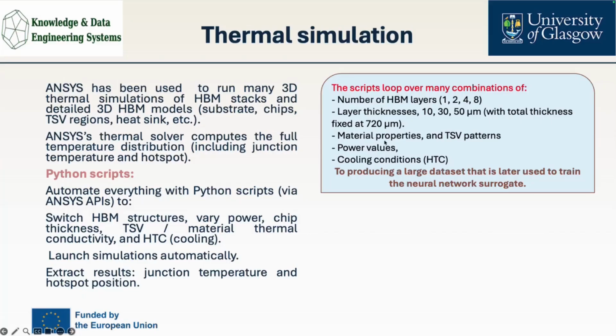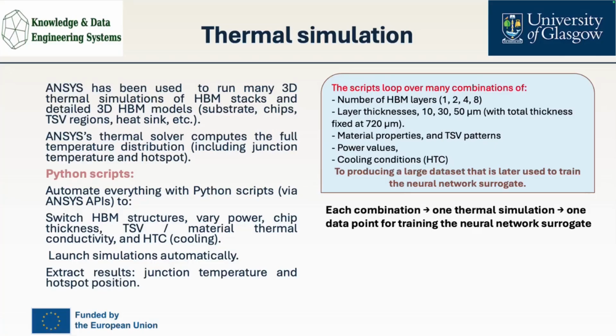The material properties and TSV pattern will also be changed with each round, as well as the power value and cooling conditions. All of these simulations will be used to produce a large dataset for neural network model training.